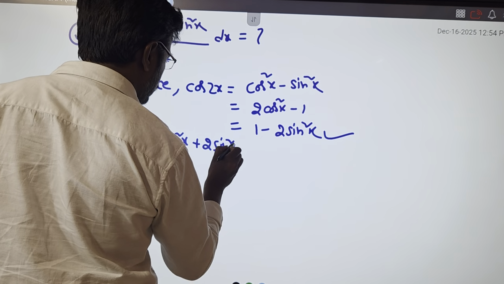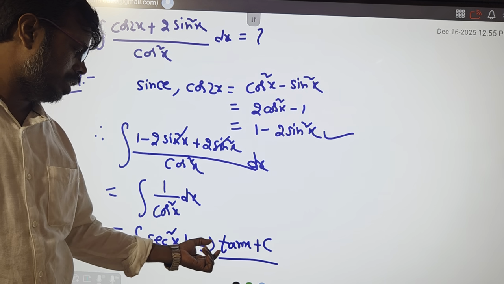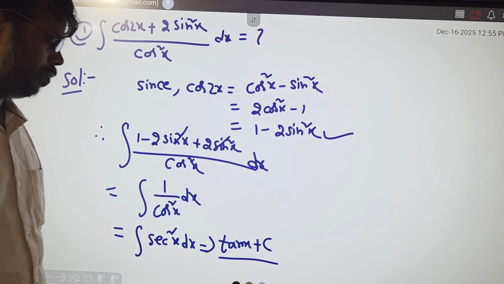So integral 1 by cos square x dx, which is equal to integral secant square x dx, equals tan x plus c. This is the answer. Already I told you the formula: integral secant square x dx equals tan x plus c. That's all.